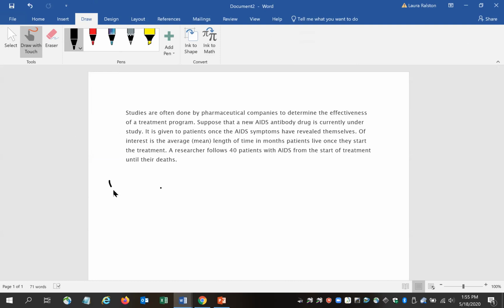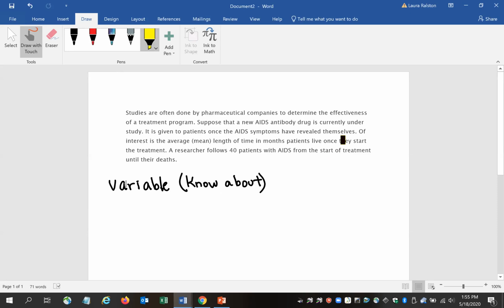So the first thing I would really want to know is the variable. Okay, remember the variable is what you want to know about. And guys, there's a lot of words in this paragraph, so you may need to read it again, but I noticed that it said of interest.